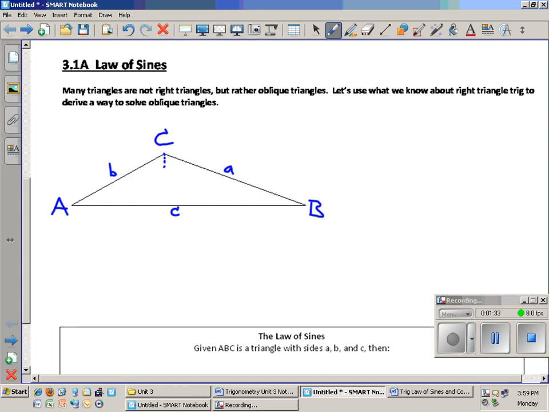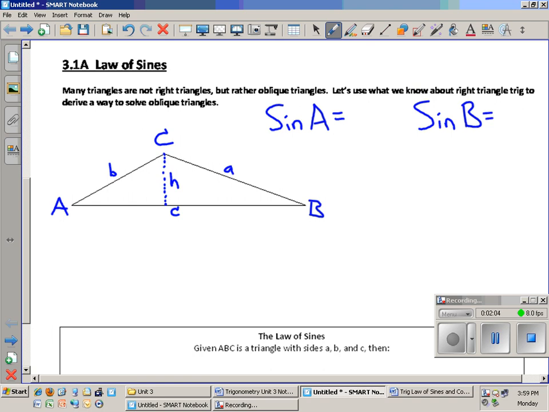I'm going to drop down a segment and call it H for height. Now we're going to write two interesting trig equations that involve A and B. You're going to start with sine of A is equal to, and sine of B is equal to.